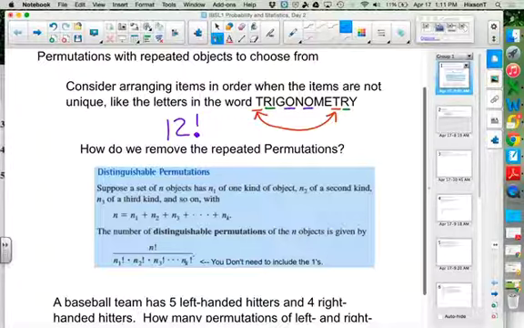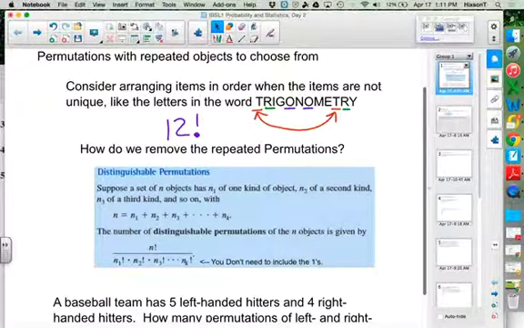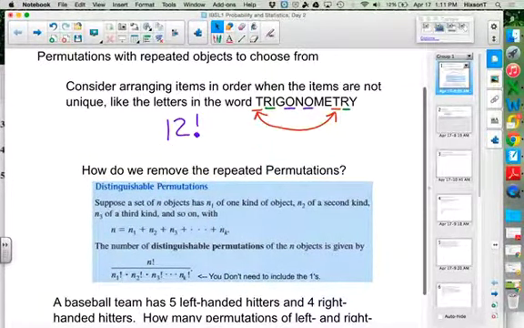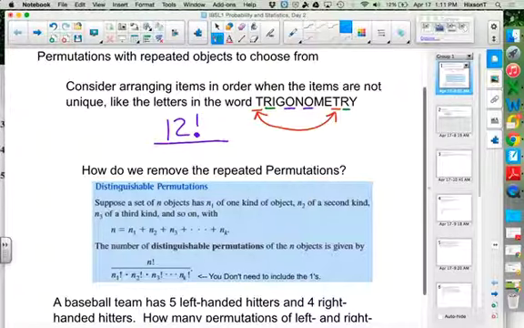So, applying it here, I'm going to have 12 factorial, but then I'm going to divide it by how many of each distinct letter there is. There are 2 T's, so I'm going to divide by 2 factorial. There are 2 R's, so I'm going to multiply by another 2 factorial in the denominator. I only have 1 I. Now, you don't need to really put the 1 factorial in there, but to use our formula, we could.